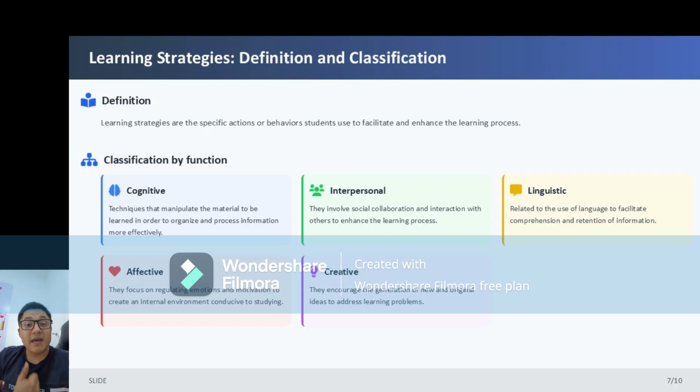Interpersonal: they involve collaboration and social interaction. Linguistic: they relate to the use of language for comprehension and expression. Affective: regulates emotion and motivation. Creative: fosters the generation of original ideas.